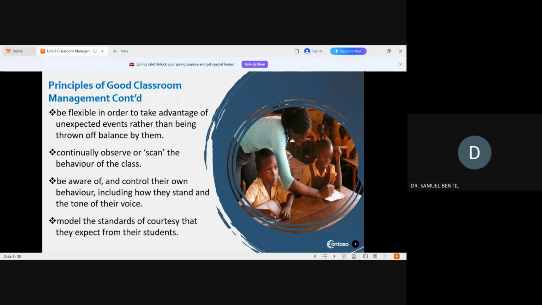The flock will always follow the shepherd. The sheep will always want to follow the shepherd. So as a shepherd, you must lead them to the right path, the path of righteousness, and not the path of destruction. In the same way, you must also lead the children, the learners, on the path of righteousness, and not the path of destruction.